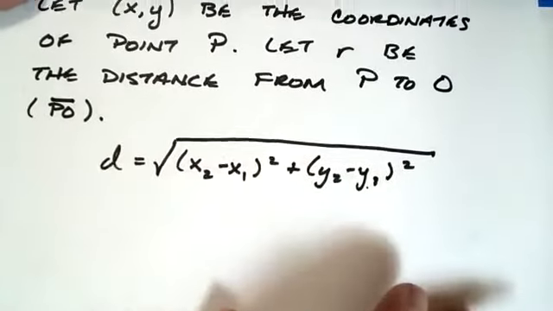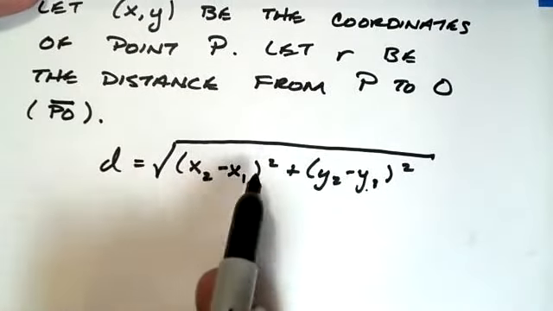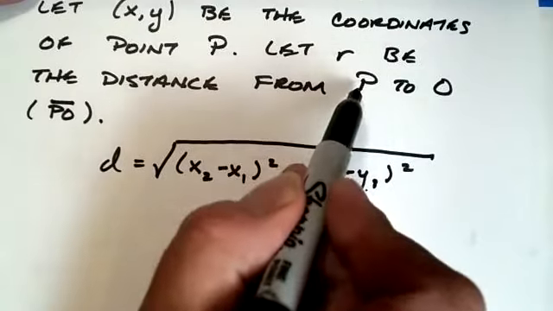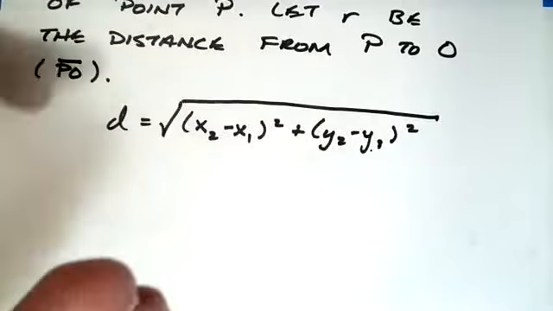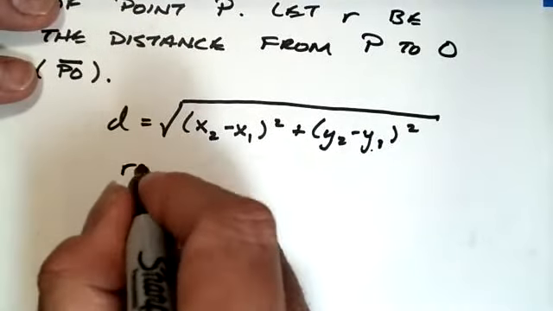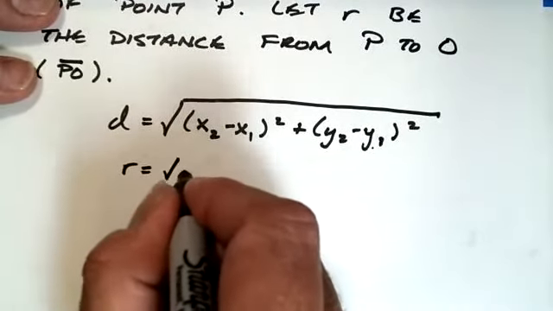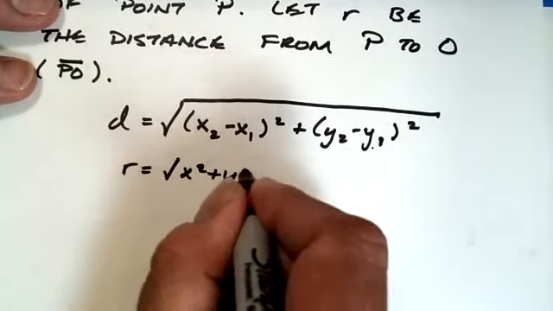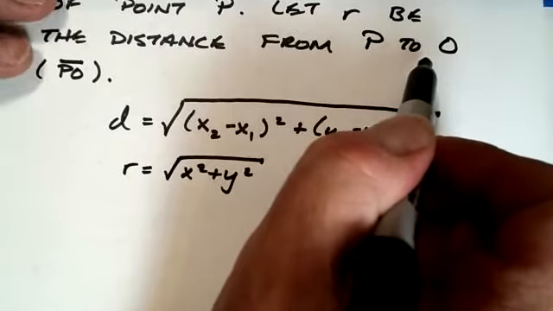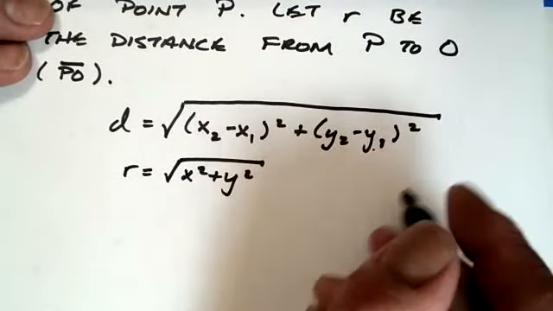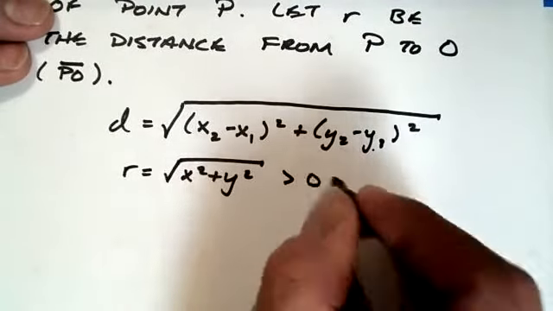And the other position is point P, which has x and y. So this formula essentially, with a little bit of manipulation, reduces down to r is equal to the square root of x squared plus y squared. And note, P is not allowed to be equal to O. They have to be distinct points, and so this number is always greater than 0.